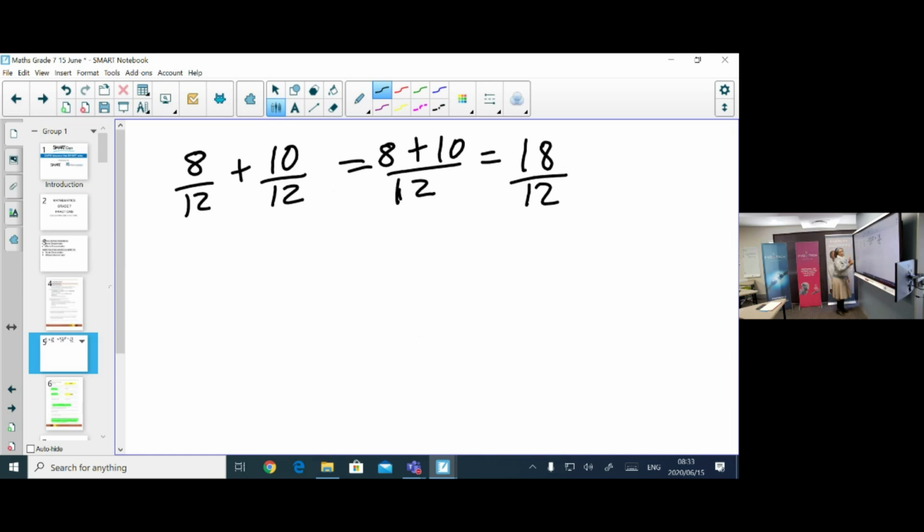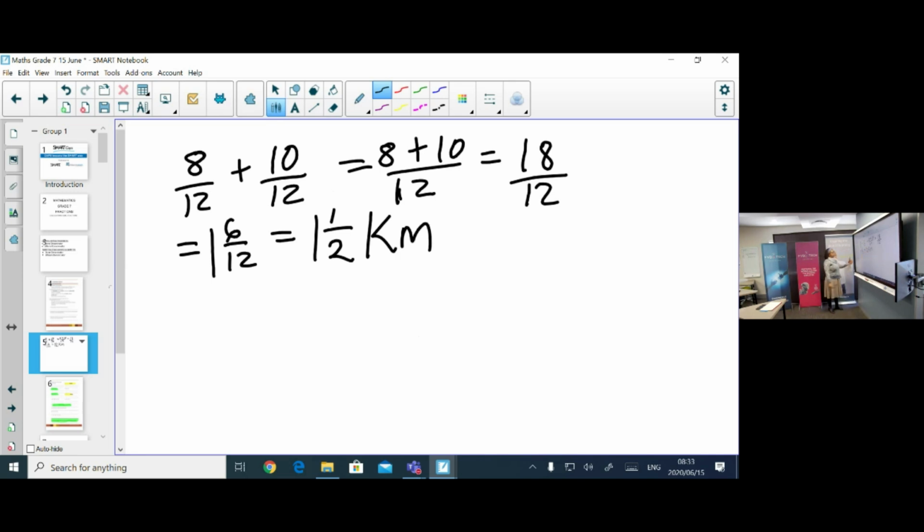To simplify 18 divided by 12, we say 12, how many times does it go into 18? Once. And then it leaves 6 out of 12. And 6 out of 12, we simplify it further: 6 into 6 goes once, into 12 goes twice. Remember the units because we are dealing with kilometers.